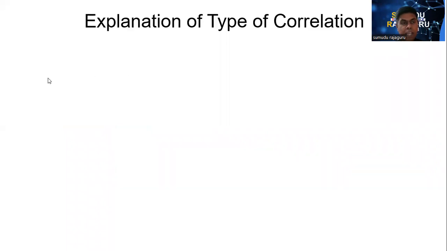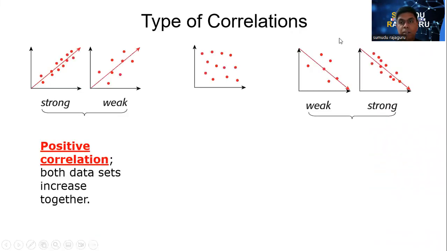So in scatter diagrams, there are mainly three types of correlations. You can see these are positive correlations. Both data sets increase together: x increases, then y also increases in parallel. Then here you can see data points everywhere on the Cartesian plane.